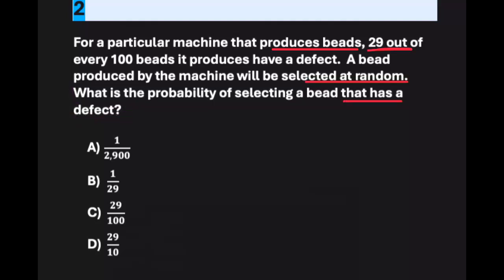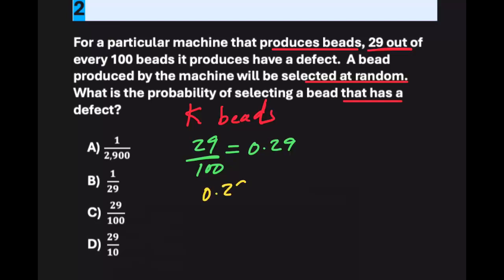Okay, the machine produces K number of beads, and 29% of that K number of beads is defective. We have 29%, which is defective. We can write this as 0.29, which is 29%. And to get the number of defects, we're going to multiply 0.29 by the number of beads, which is K, and that is the defect number.